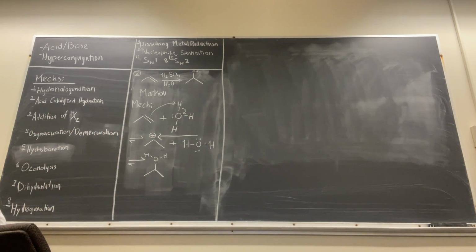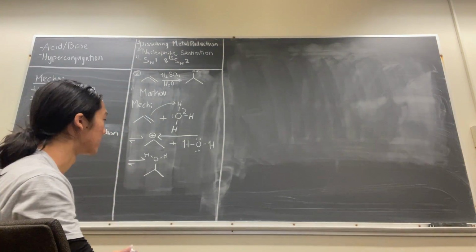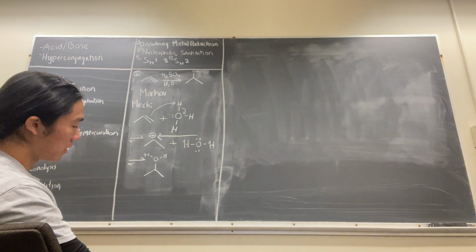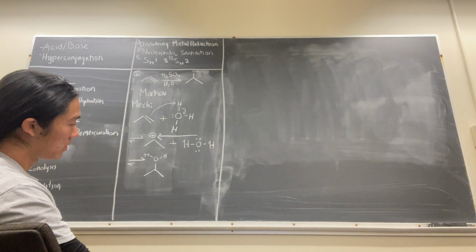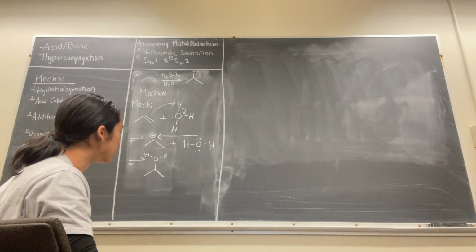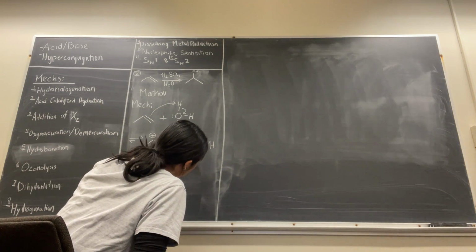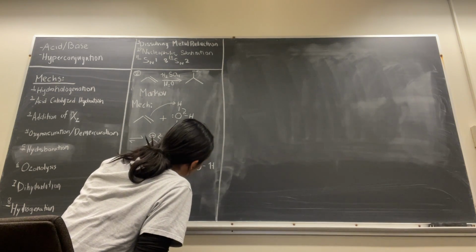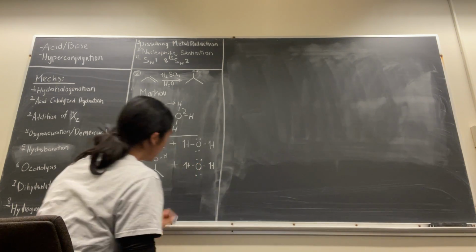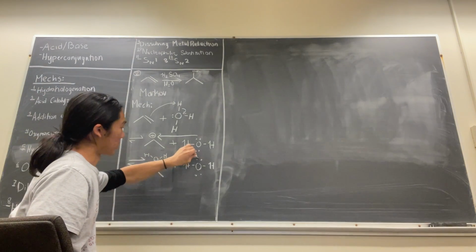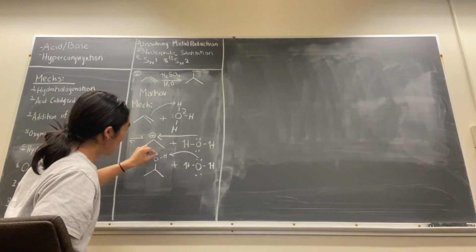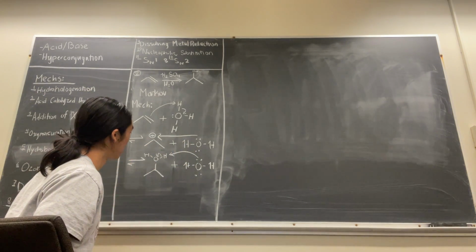and we get this. The reason why we do this in excess of water is because we're going to need water again to take out one of the hydrogens. So this water is going to take out one of the hydrogens here, stabilize it, boom.